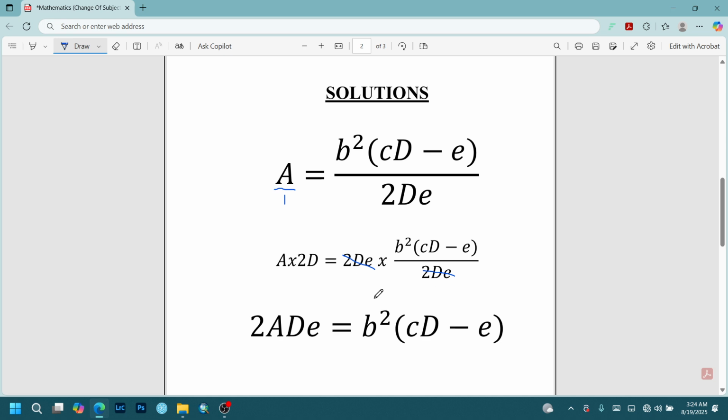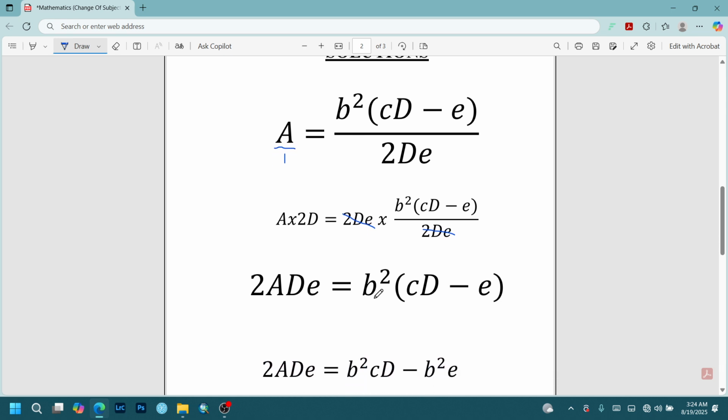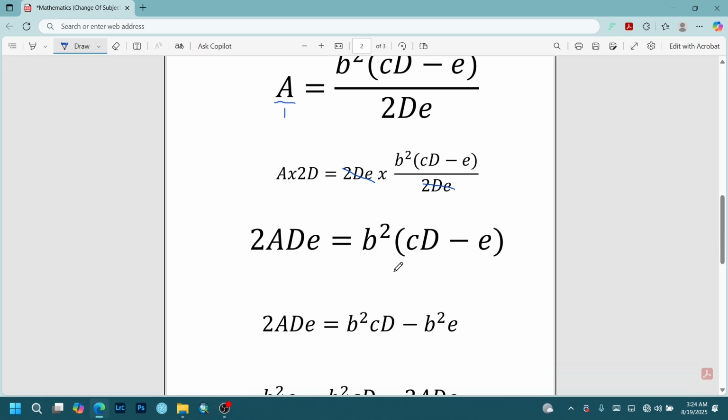So let's do some expansion here, right? A multiplying 2D would give you 2AD, right? And equals B squared multiplying (CD minus E), all in brackets, okay?